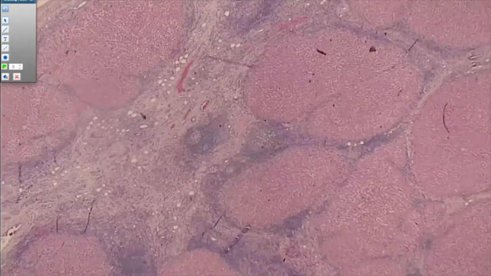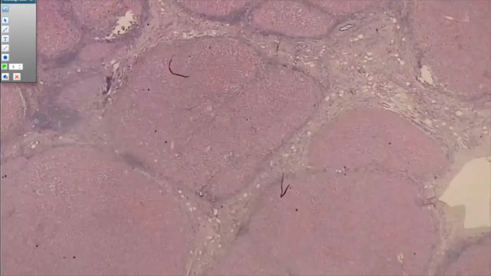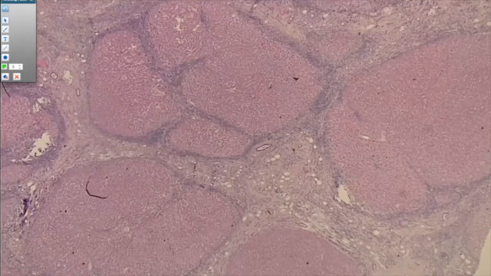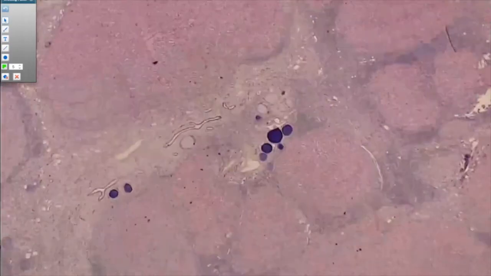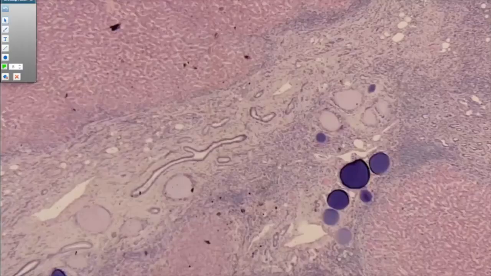But with hepatitis C, you can see lymphoid aggregates, and you can see round nodules. Hepatitis C nodules tend to be round. And actually, what is this? This is foreign body material.